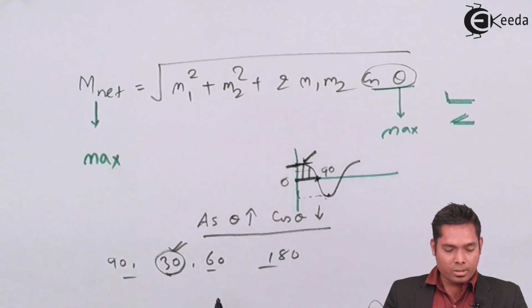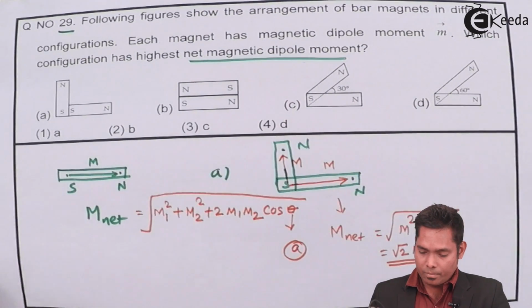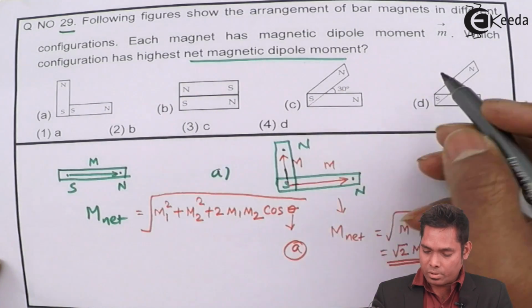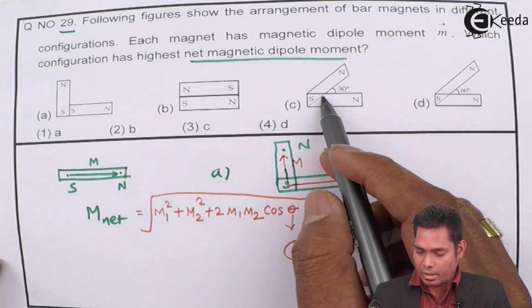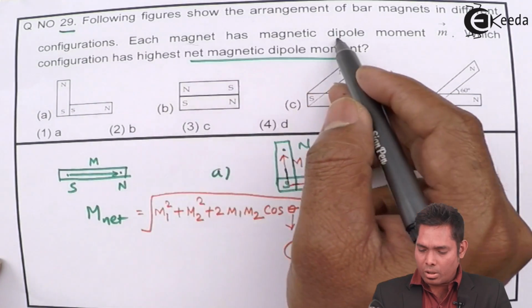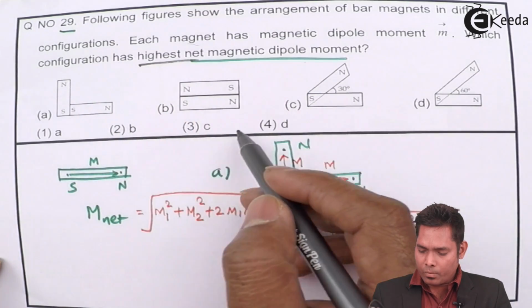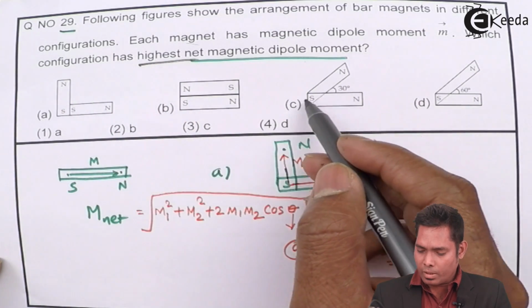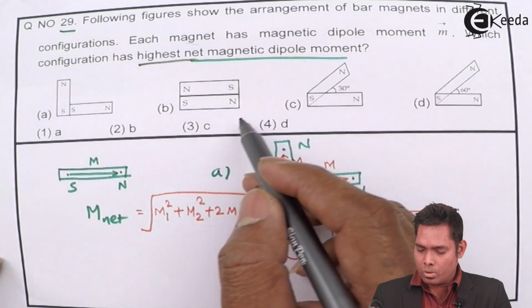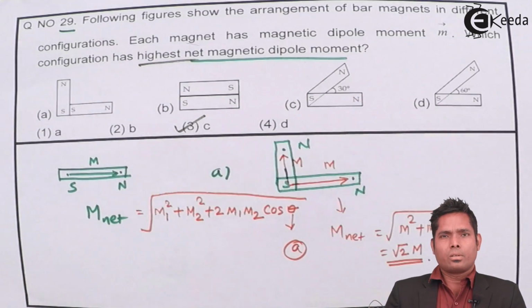So that is the answer to this question. 30 degree is configuration C, which gives the highest value, so option number 3 is correct. Okay, thank you.